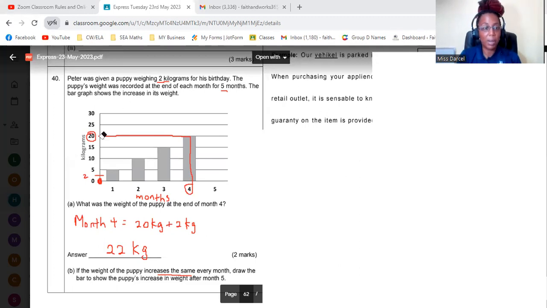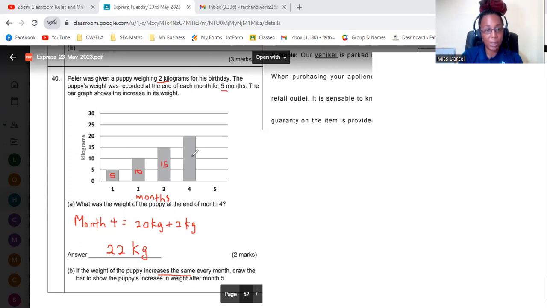So now we have to draw a bar. Part B states if the weight of the puppy increases the same, so let's check what's happening here. Month 1 it was 5, month 2 it was 10, month 3 it was 15. Let's check the pattern.